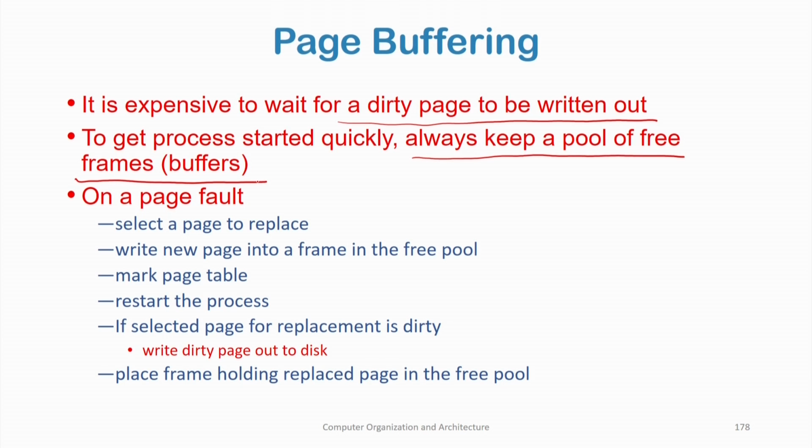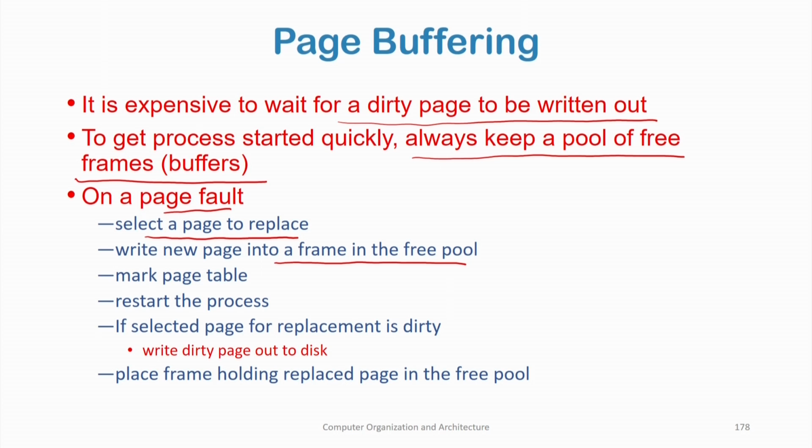Now, these frames are free. How do we make it free? On a page fault, we select a page to replace, and then write a new page into a frame in the free pool. So, at any given time, I have a pool of free frames.